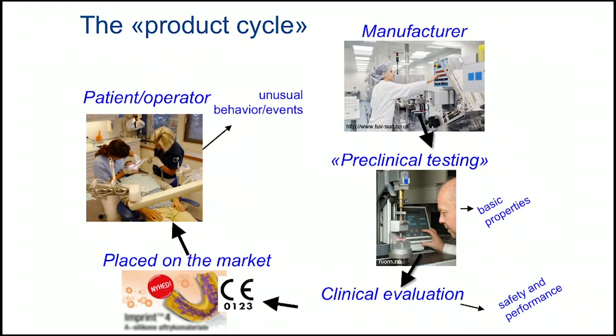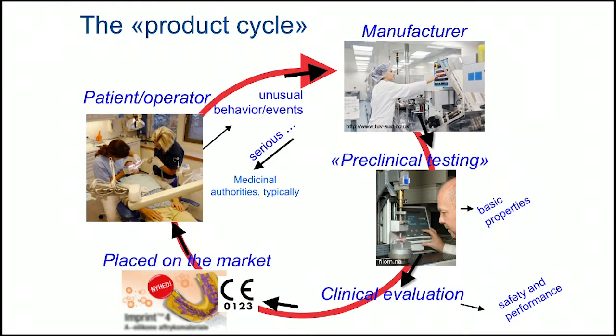And if unusual behavior or events occur, then that response should go back to the manufacturer, closing the feedback loop that could set the manufacturer in position to improve the products. So that's the principle behind this reporting system.